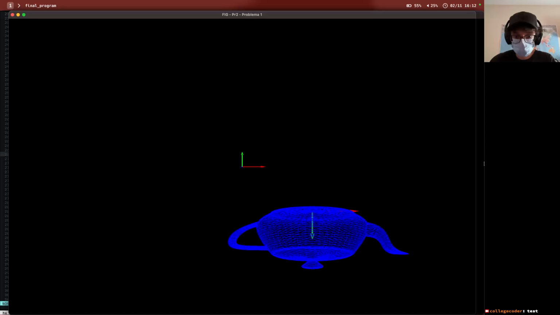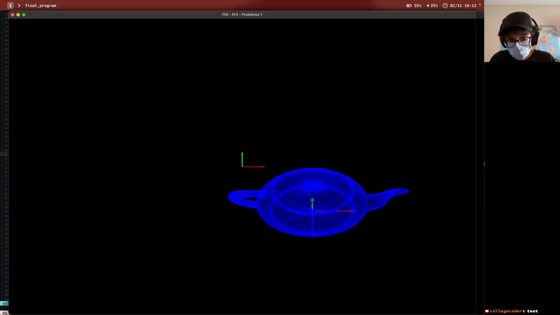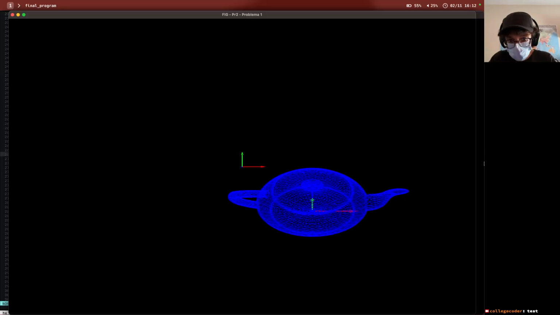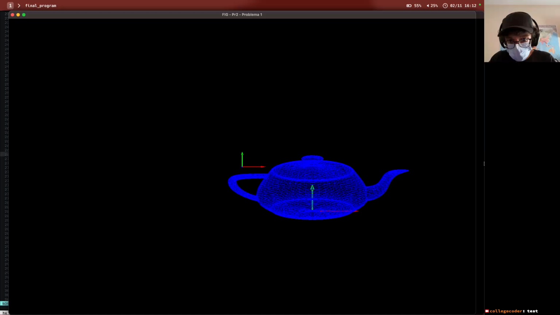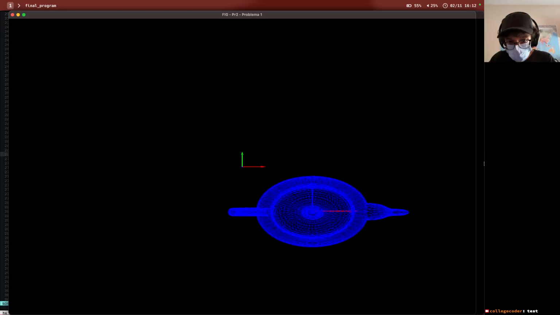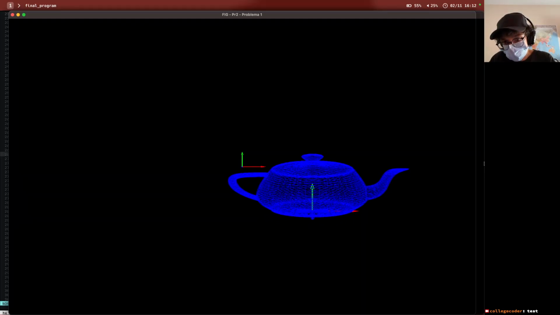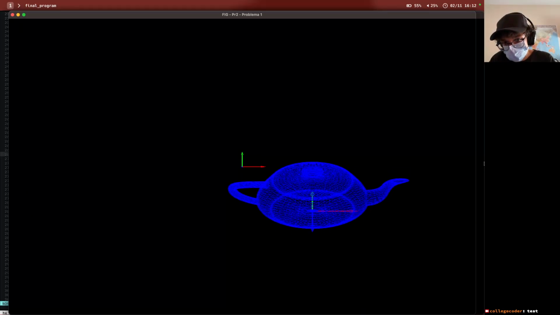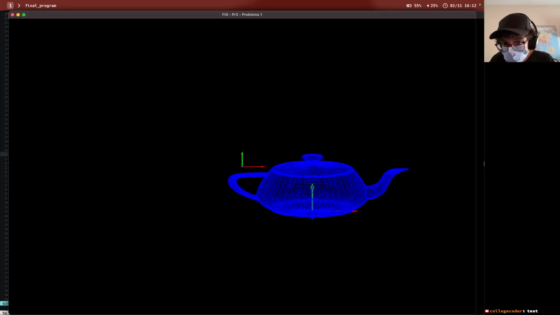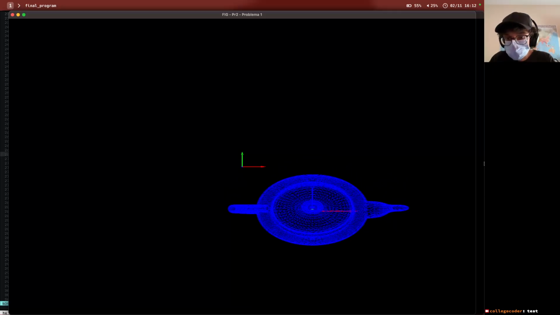Let me displace it from the origin so we can see how it moves. But if I go the other way around, so subtracting from it, that's not the back, right? It's the same as this. We can see the inside of the teapot. We can also see the inside of the teapot there.